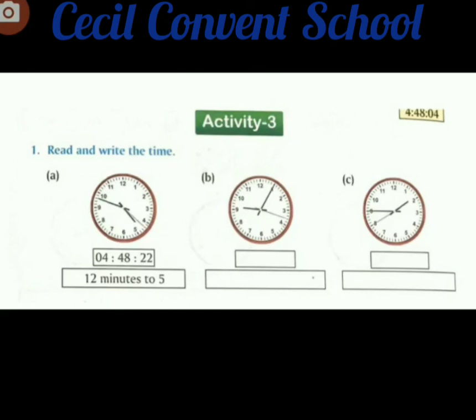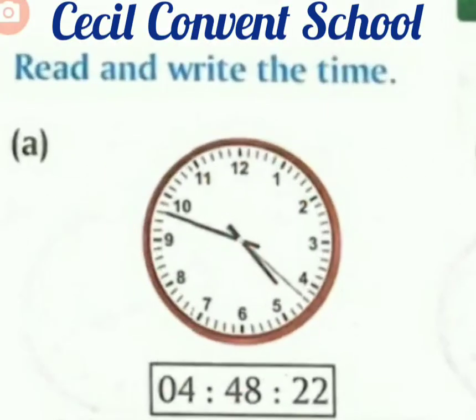The minute hand is between 9 and 10, and count the divisions. 9 is 45, then 46, 47, 48. So there will be 48. Now see the second hand, it is after 4. 2 lines after 4. It means if it is on 4, we consider 20, then 21, 22. So it will be 22.